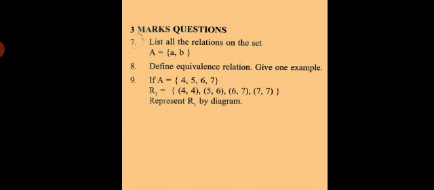From this relation on A, we can make many relations again. So this is an answer for a 3 marks question. Again, from this, you can make proper subsets. In the previous class, in proper subsets, how you used to write the power set? Use that one and try to solve the 7th one for 3 marks.